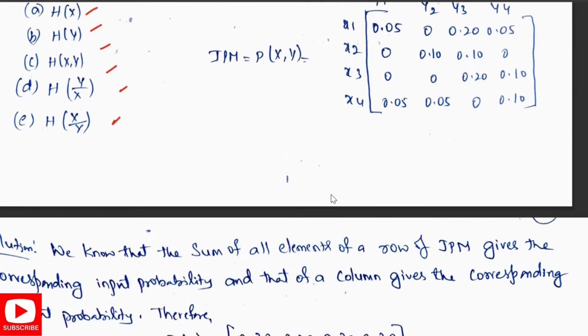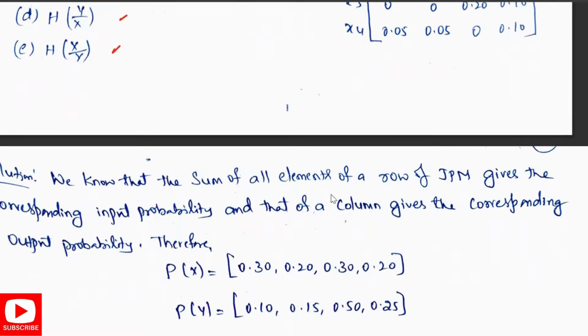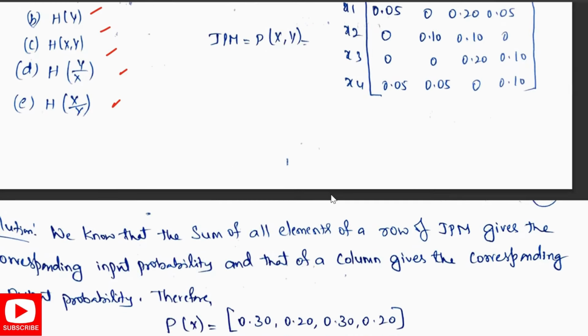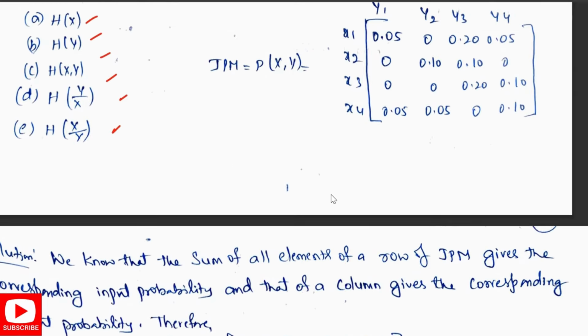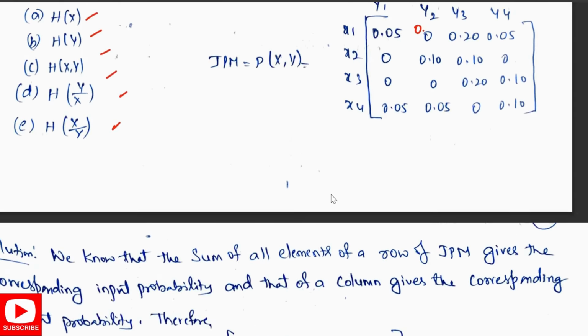So let us observe the input p of x: 0.3, 0.2, 0.3, 0.2. For the output, if you substitute the 0.3 that is given, you get the row as 1. Similarly, find out the missing values for each one.